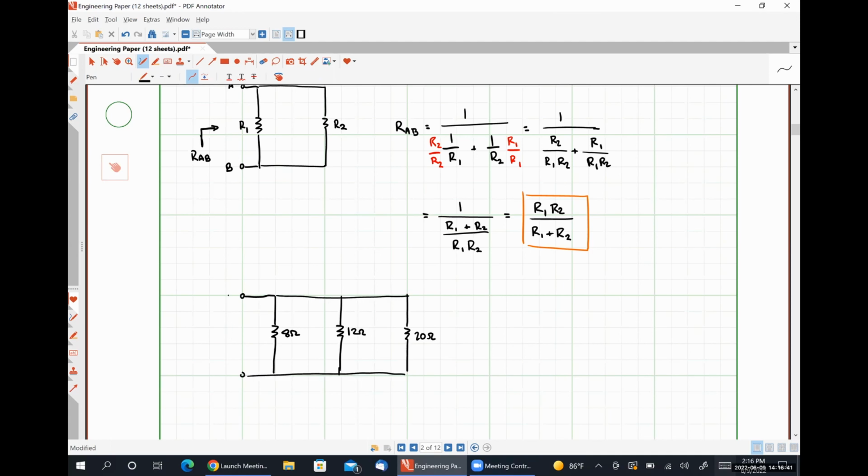And I want to find the resistance seen looking into terminals A and B, RAB.